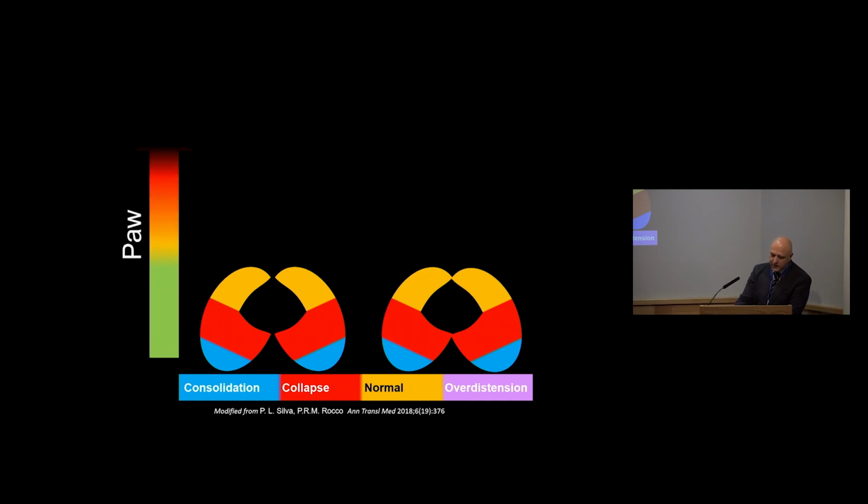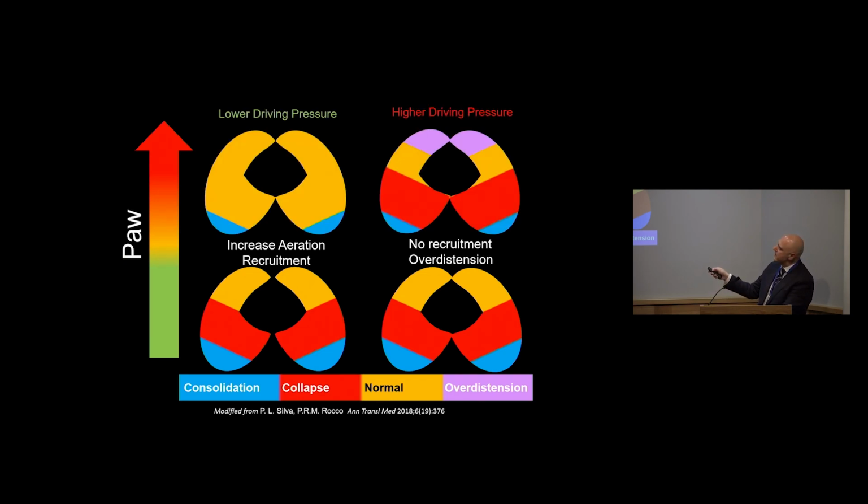If you increase your airway pressure, you can distinguish either you recruit, and in that sense you've got lots of recruited lung and collapsed lung goes down, so the driving pressure will be lower because you've got more lung, and in this case, you've got higher driving pressure.